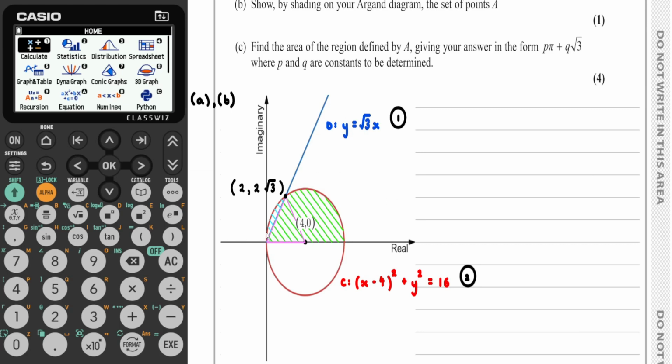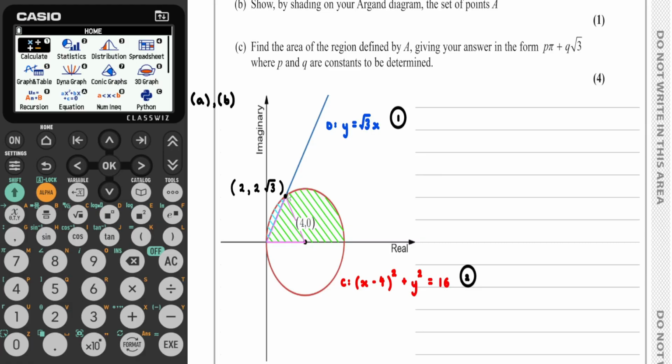Let us now find the area of this sector. We know that this angle here is pi over 3, or 60 degrees. Here we've got an x coordinate of 2, which is half of 4.